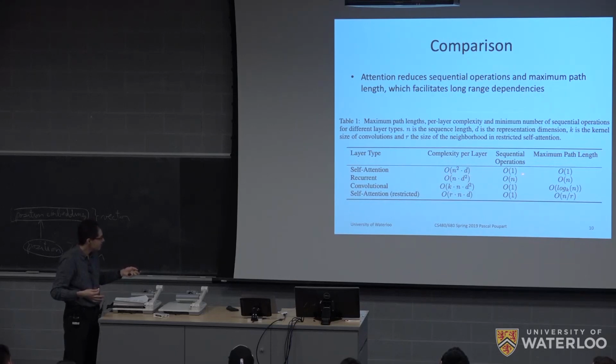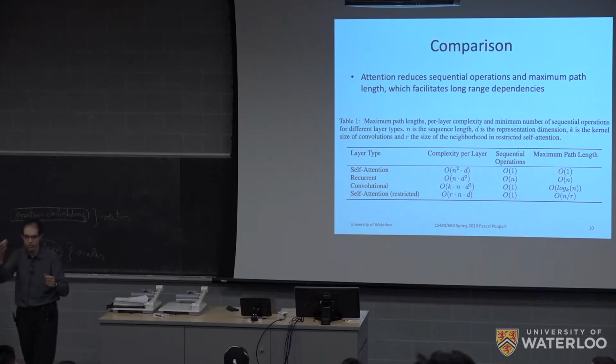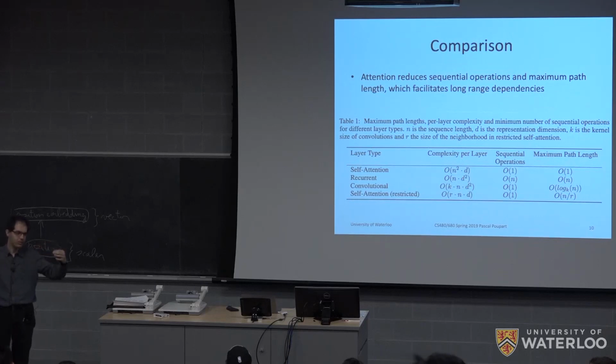Now, the benefit is that if we want to capture long-range dependencies, then the maximal path between any two positions is just one, simply because we have our attention mechanism that combines in one operation essentially every pair of words. So now information can flow between pairs of words in one step.